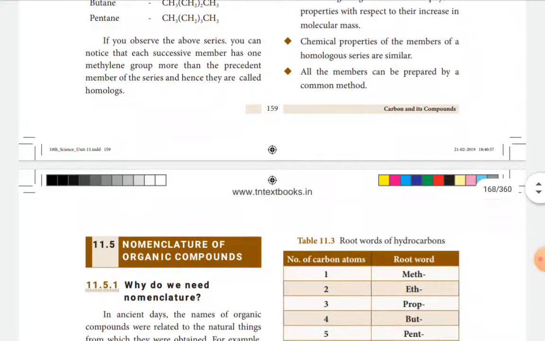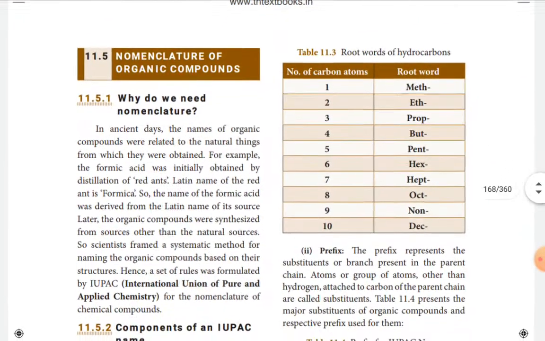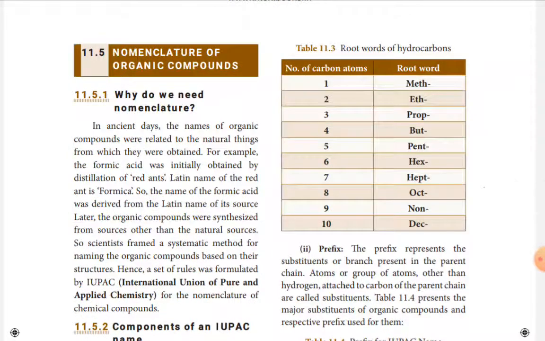Now my dear students, we are going to learn about nomenclature of organic compounds. Nomenclature means naming the organic compounds, how to give a name. In ancient times, the chemists gave names based on their original source, from which source, what is the root of the compound.